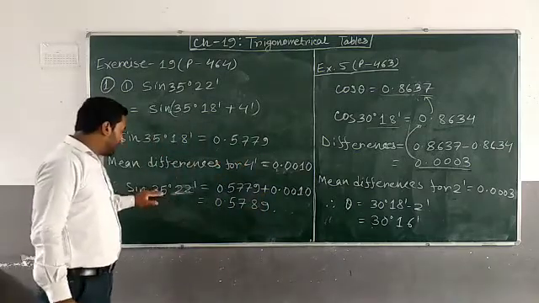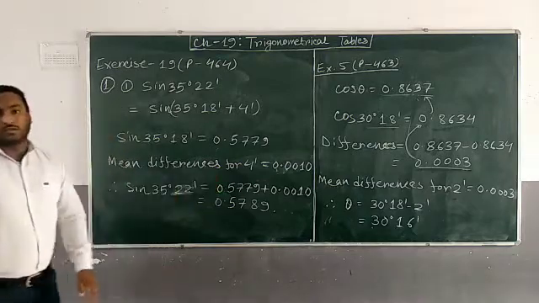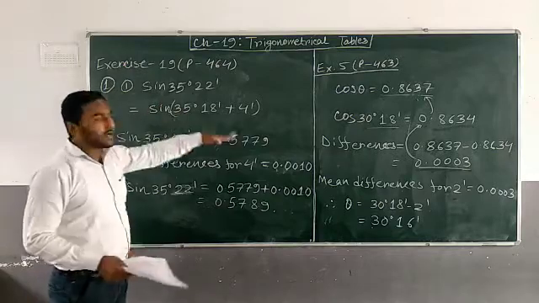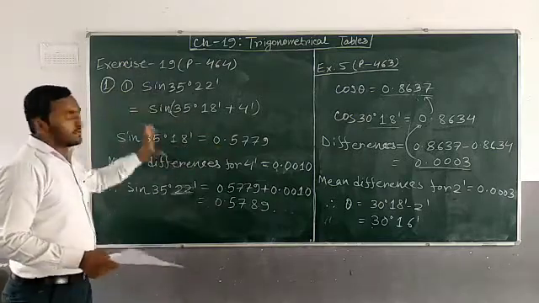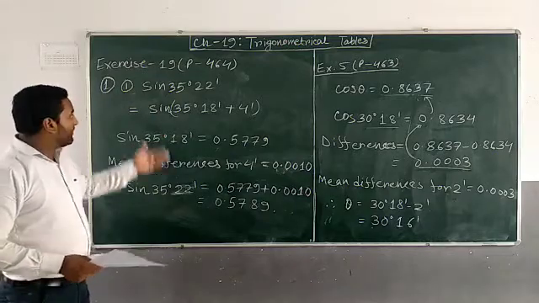This is the value of sine 35 degree 22 minutes. And there are 4 parts, and the rest of the 3 parts are the same as this part, so you can solve them back home by yourself.